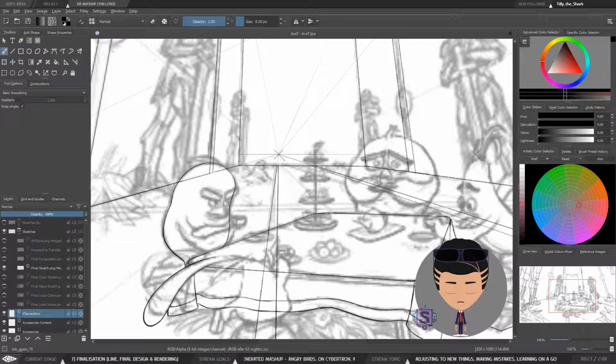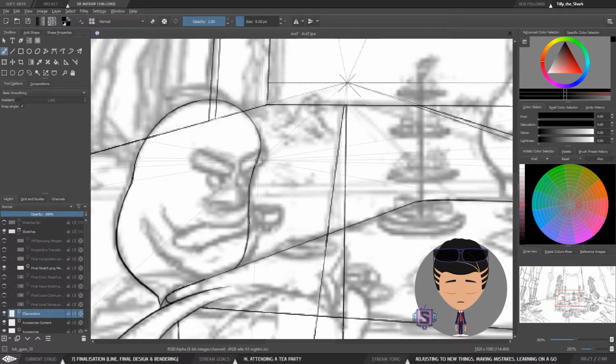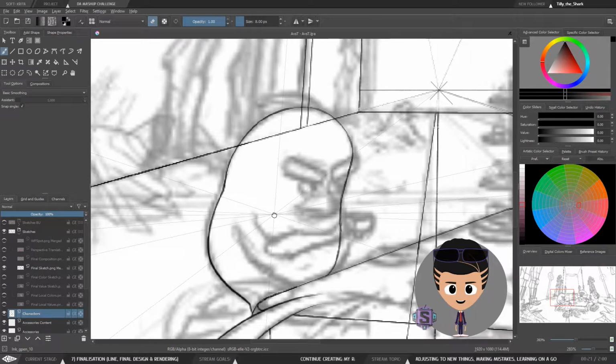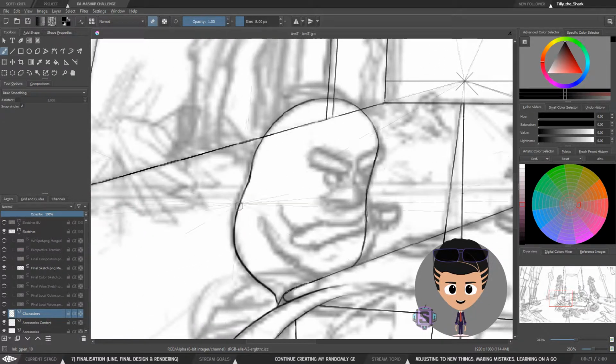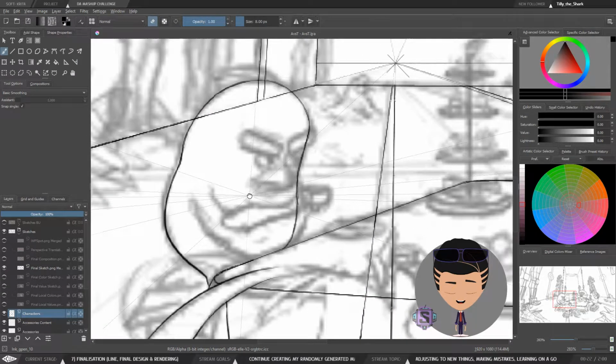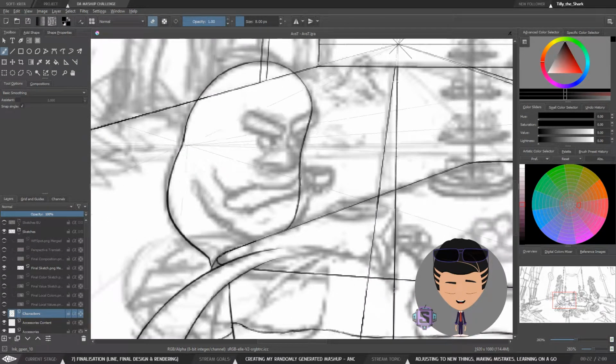Just a round shape. Okay, not just a round shape, but pretty round shape, which becomes slightly... So this is the part where the hand starts.